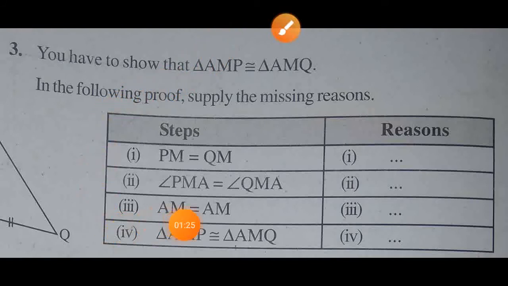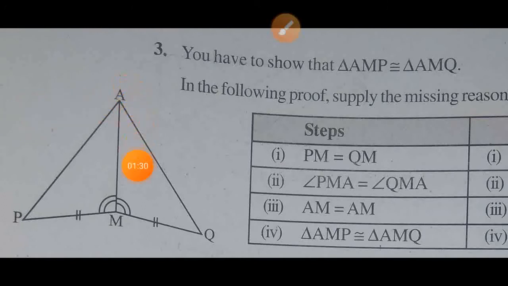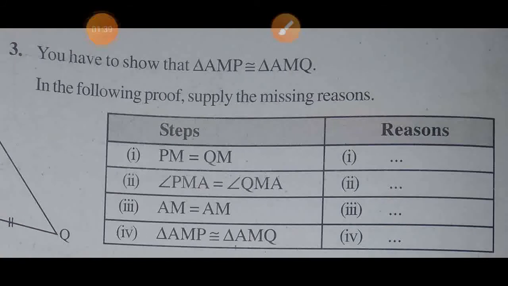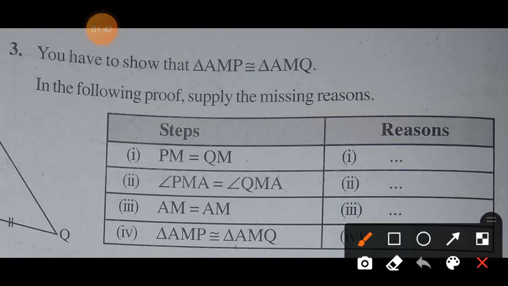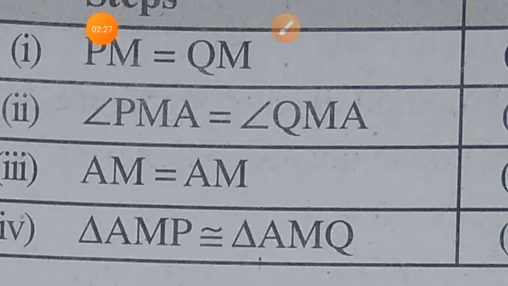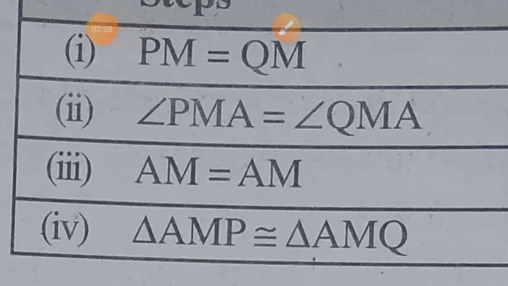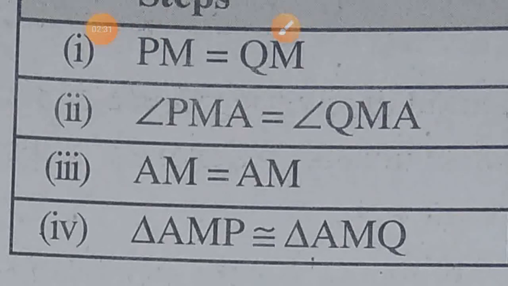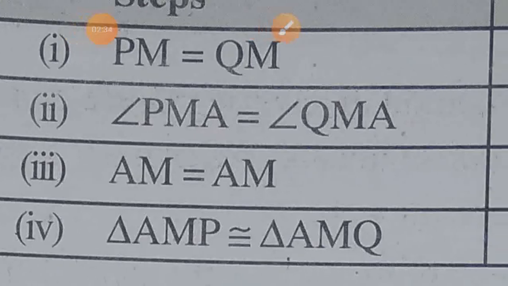Now the third step, AM equal to AM. By observing the figure we can say that AM is the common side for both the triangles PMA and QMA. So with the third step we can write the reason. It is common. So in the fourth step, triangle AMP is congruent to triangle AMQ.